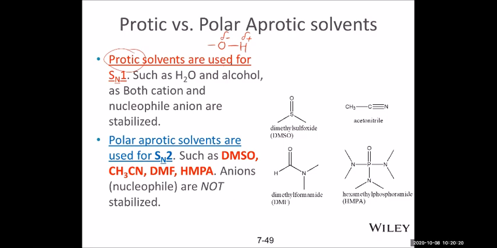This is what we call a protic solvent. Water and alcohol are examples. This kind of polar solvent favors the SN1 reaction. This is very important: polar protic favors SN1, because polar protic solvents can stabilize both the cation and the nucleophile in the transition state.